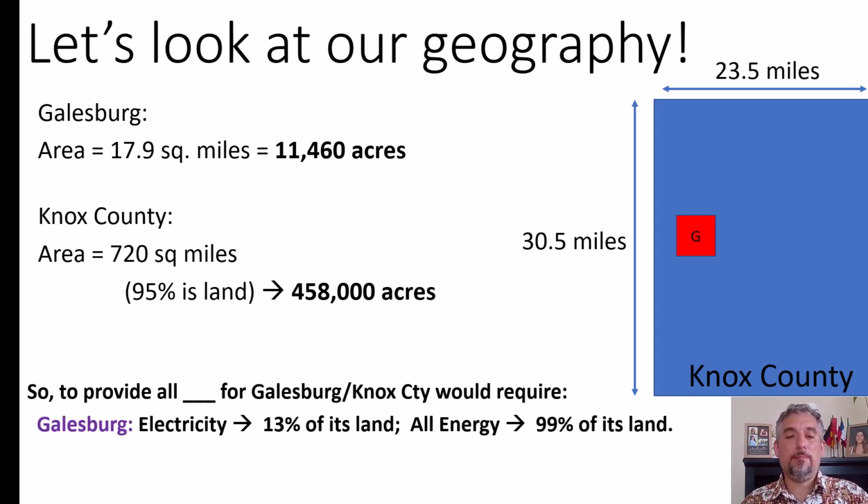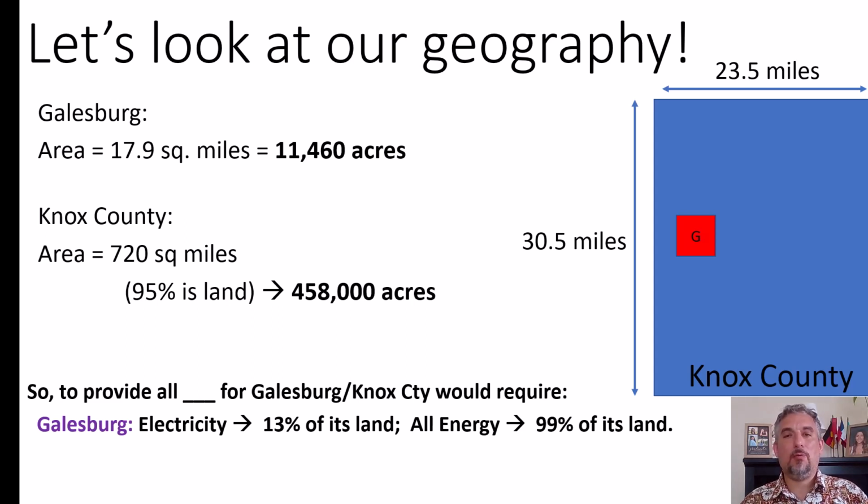For electricity, 13% of Galesburg's land, of that 11,460 acres, could produce all the power Galesburg needs. If we wanted to produce all the energy we use in Galesburg via solar power, we would use almost all of the land. So we'd have to cover essentially the whole city with solar panels to provide all the energy we use.